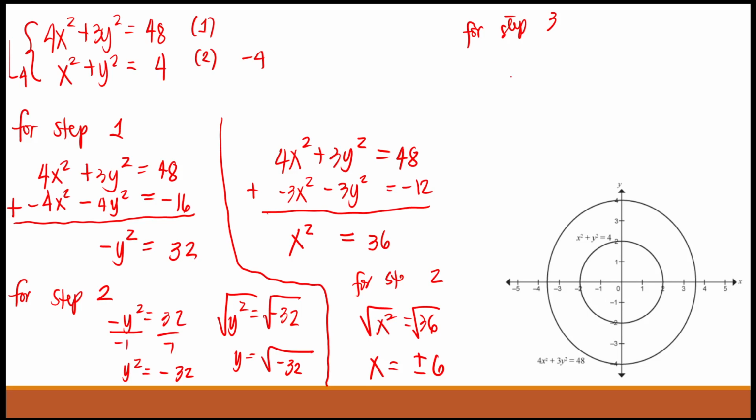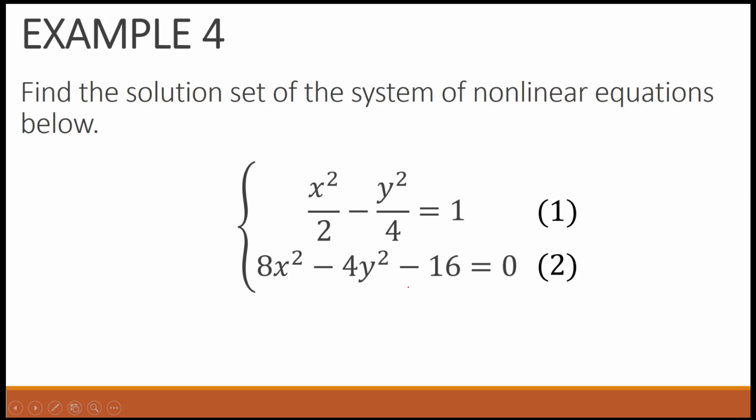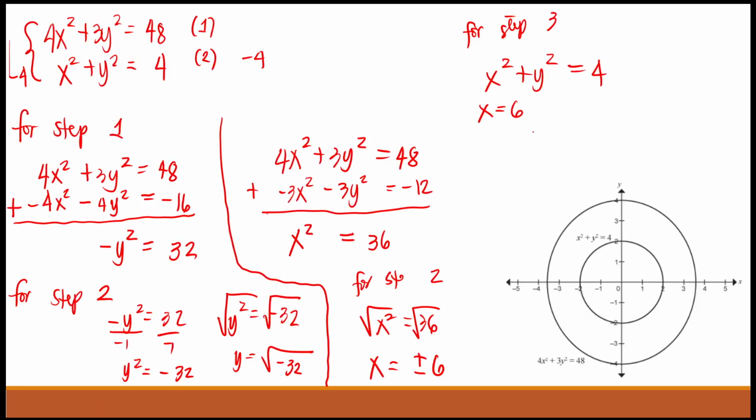Let's try yung equation 2, x squared plus y squared equals 4. If x equals 6, kasi dalawa yung solution natin, we have positive 6 and negative 6, we get 6 squared plus y squared equals 4. That is 36 plus y squared equals 4.